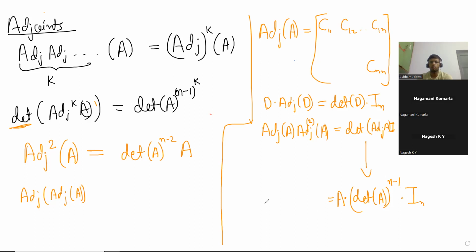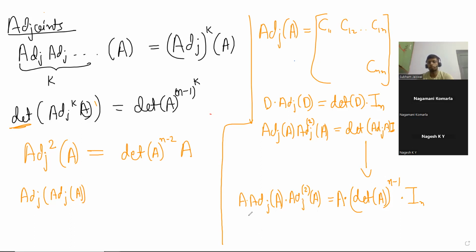Okay, I can see what you're doing. So you're doing this without really using the definition of adjoint. You're using the properties only. Nice.